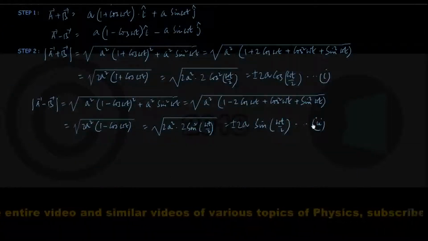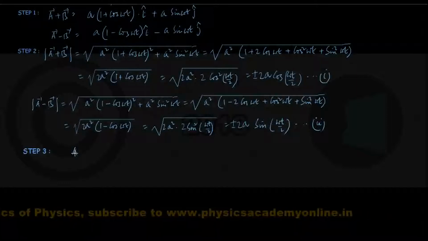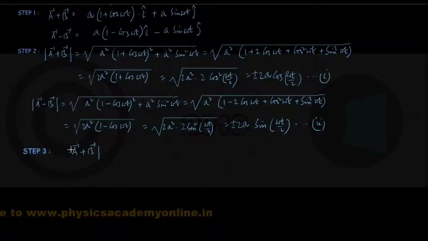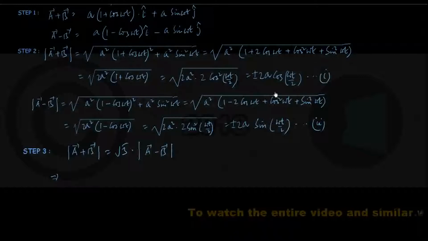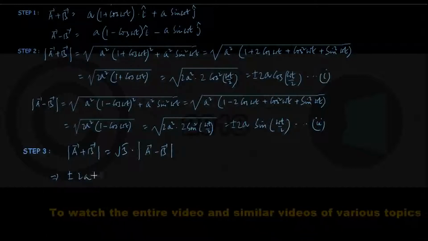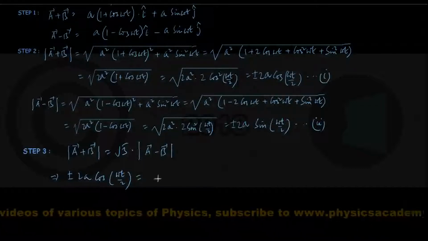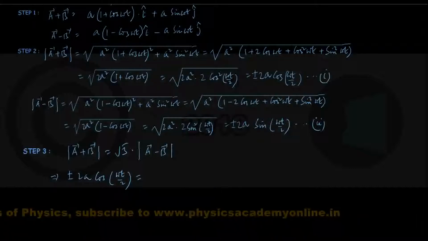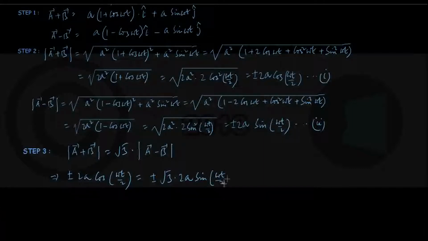Once we get these two results, 1 and 2, in step number 3, let us recall the condition given, and that is modulus value of A plus B is square root of 3 times modulus value of A minus B. And this means plus minus twice A cos of omega t by 2 is equal to plus minus root 3 times twice A sine of omega t by 2.